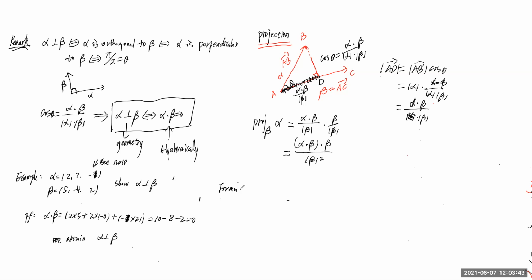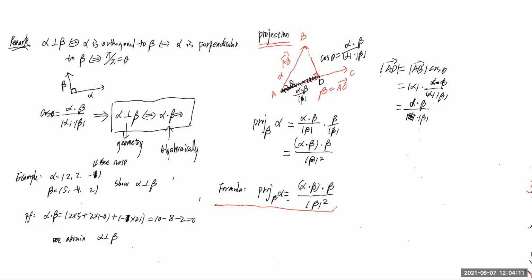Formula: projection of alpha onto beta is alpha dot beta times beta over beta squared. So you have to know this. For the projection, you have to know the formula. Okay. This is very important for us.